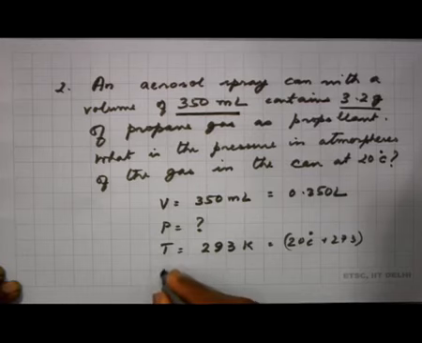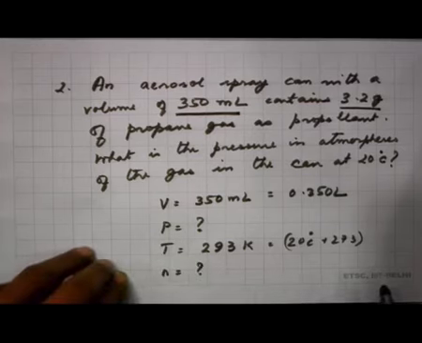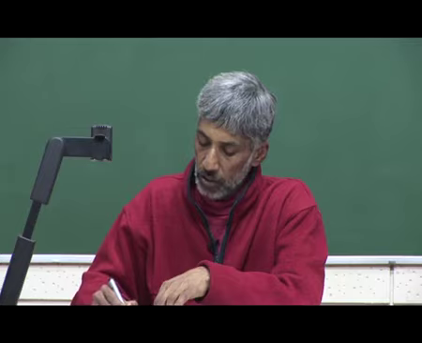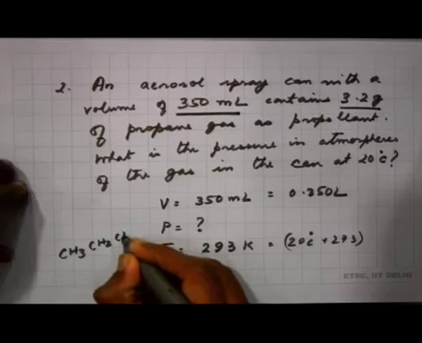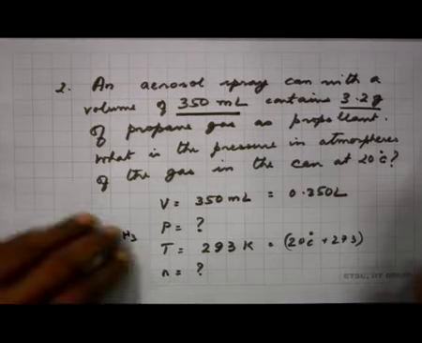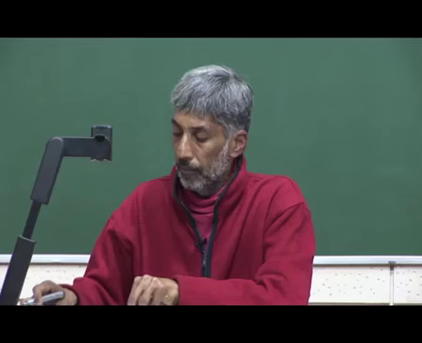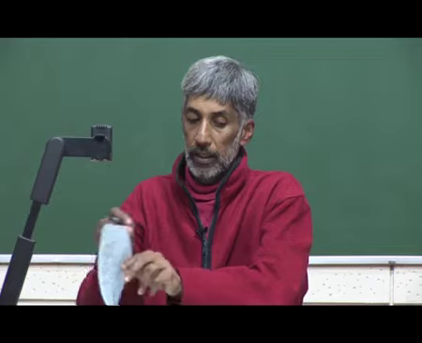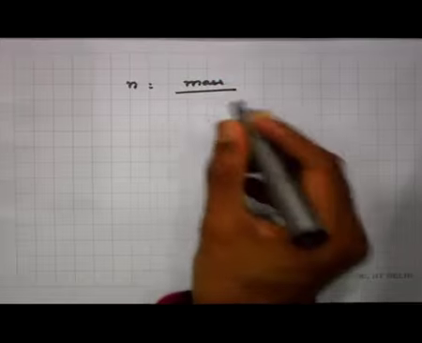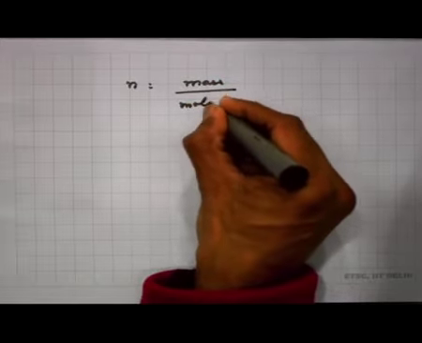And do we know N? N is the number of moles of propane gas. Propane happens to be CH3CH2CH3. So, how do we get N, which is what we need? N is mass divided by molar mass.